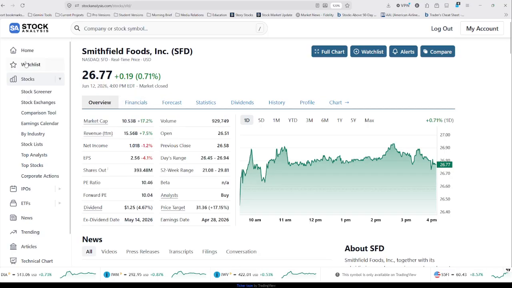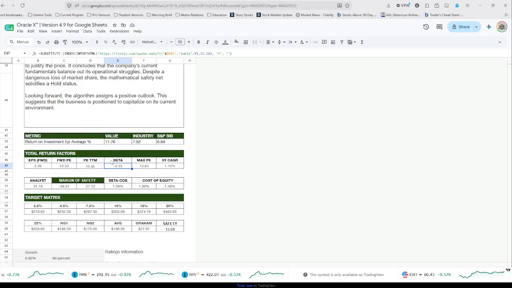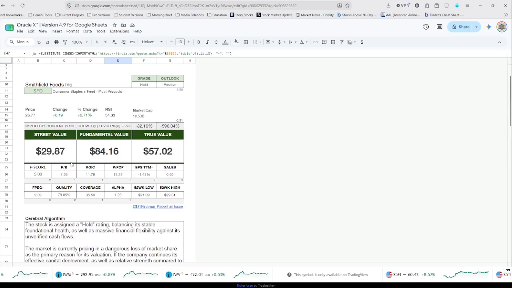Oh, that's interesting. What's our value on that? $29.87 is the street value here. So you can see another instance here where our valuations are pretty much on point.